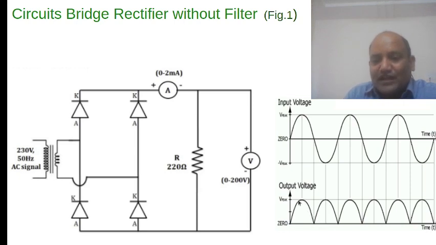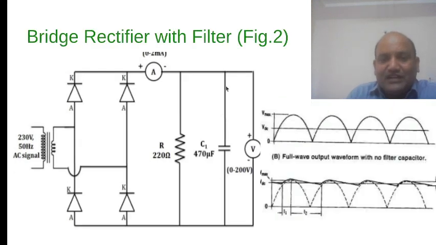So how can you remove it? Scientists observed that if we filter this pulsating DC by connecting a capacitor across the load, we can remove the pulsating DC which appears across this load without the capacitor.